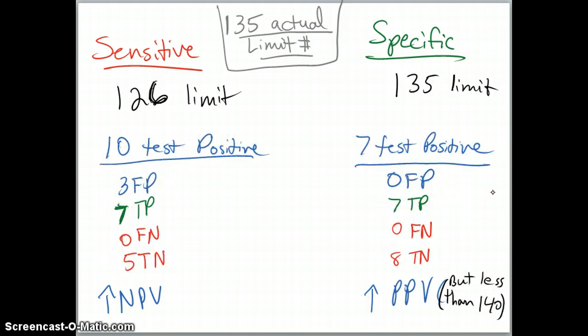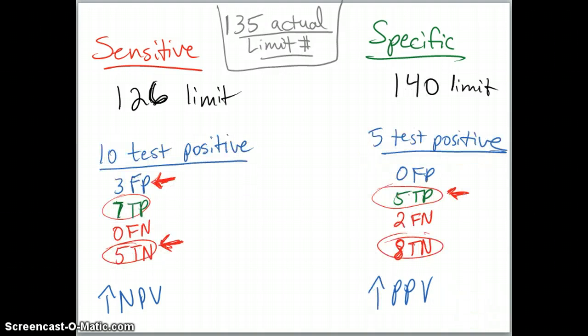Now, when we look at these tests, okay, let's drop our standards a little bit to 135 and see what happens, okay? Since that's the actual limit, now what happens here is you still have a high predictive positive value, but it's less than the 140. In other words, if you gave the test for 140 right over here, right, those people absolutely will have diabetes.